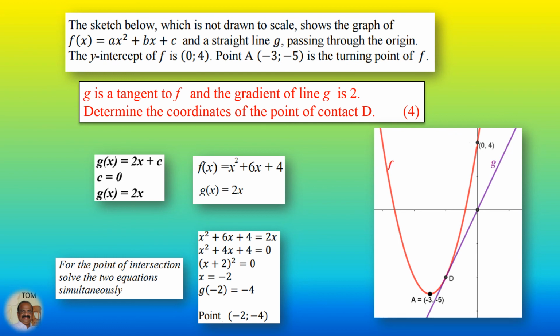And for the y coordinate, we simply substitute -2 into any of these equations. We use the simplest equation, so we get -4. y is -4. So the point of contact now is (-2, -4). 4 marks.